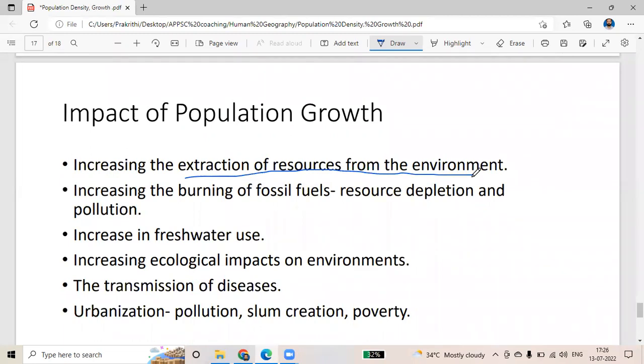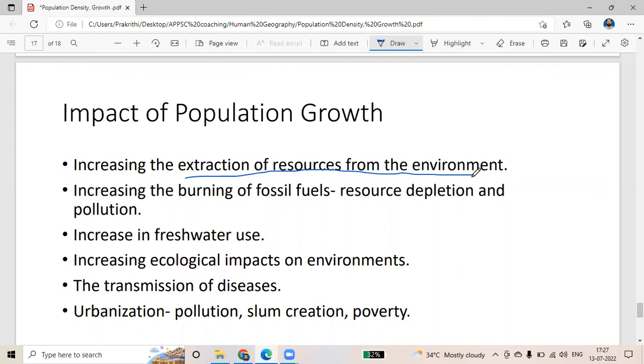If the number of population is increasing, the demand for the resource will also increase. That for sure. तो ज्यादा resource का need होने से ज्यादा extraction and exploitation. That is one of the major impacts of population growth.